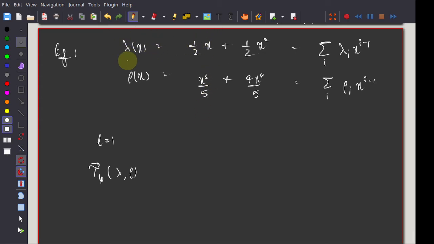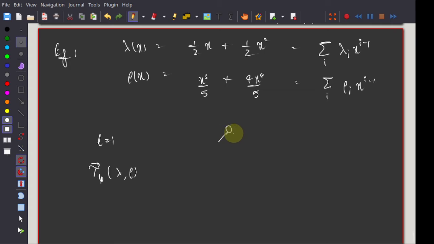Therefore, the variable nodes can have degree either 2 or 3. So I'm going to start with T0, which consists of a single variable node. And now I'm going to choose a certain number of neighbors. I'm going to choose either one neighbor with probability half or two neighbors with probability half.